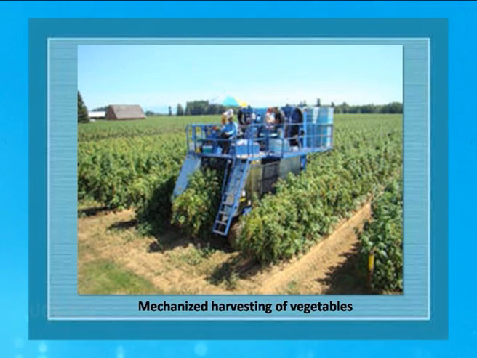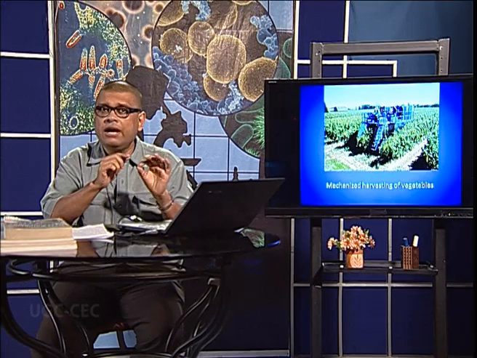Mechanized harvesting may reduce the disease, but at the same time, while harvesting the crop, there may be some damages, some injury through which the bacteria and fungi will enter and will come into the human gut through these vegetables. So that is also not good.